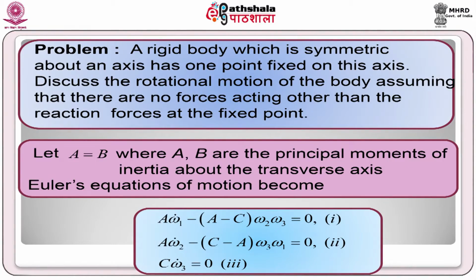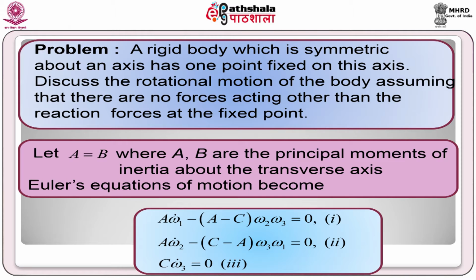Next, consider problem 1. A rigid body which is symmetric about an axis has one point fixed on this axis. Discuss the rotational motion of the body, assuming that there are no forces acting other than the reaction forces at the fixed point.